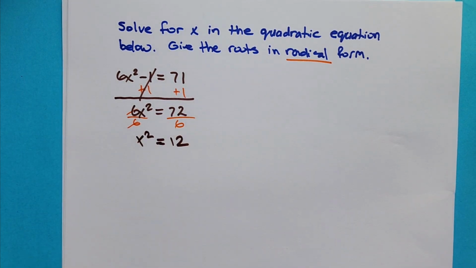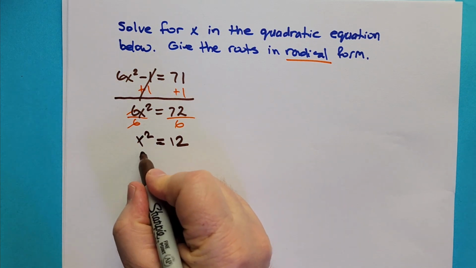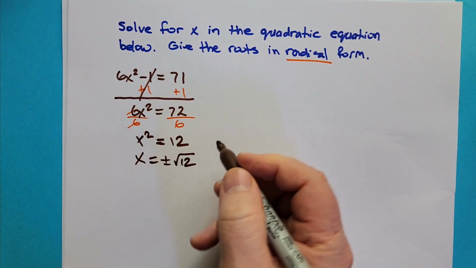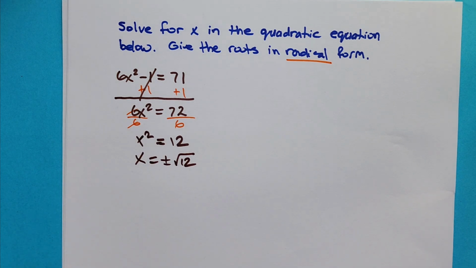And then we're ready to extract roots. We have something squared equals a constant. That's where we can go ahead and write this as x equals plus or minus the square root of that constant, which is 12. Now 12 is divisible by a perfect square. Now, if for some reason the number underneath the square root, which we call the radicand, is not a perfect square, then we would simplify it as much as we can if it's divisible by a perfect square, or if it's not a square, we have to leave it as is.